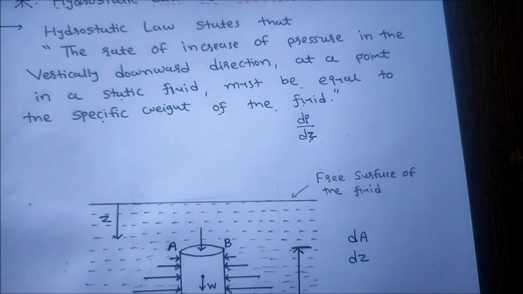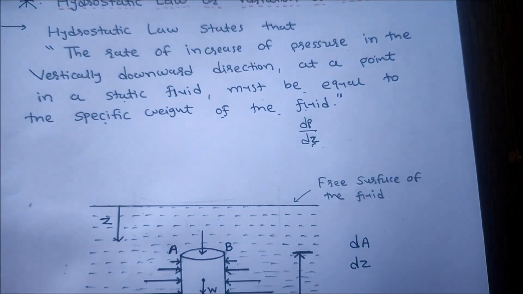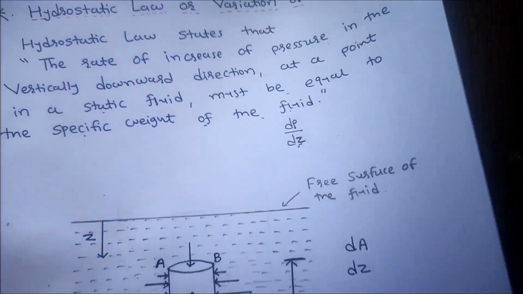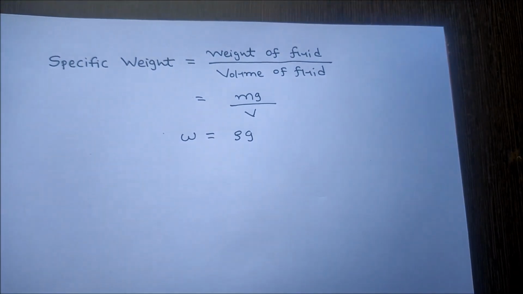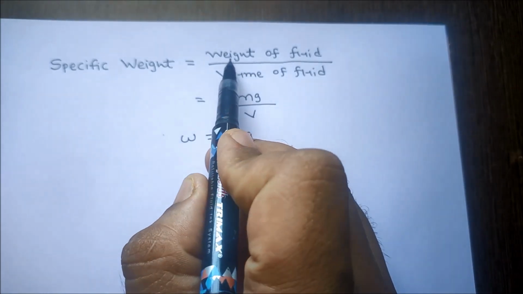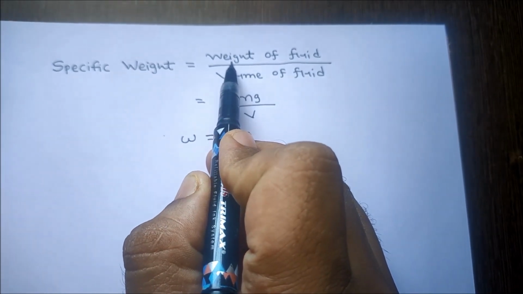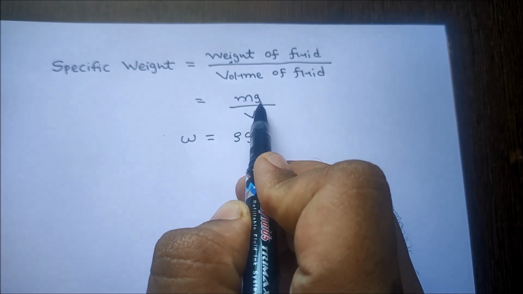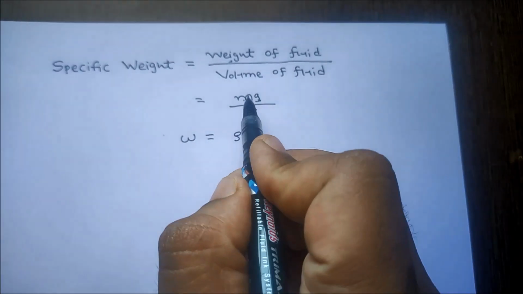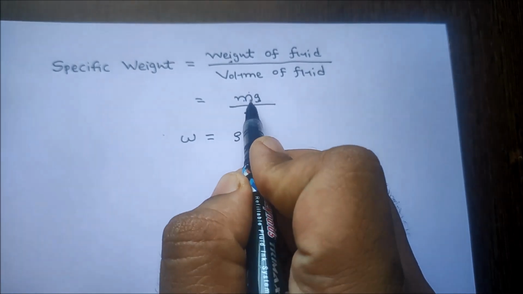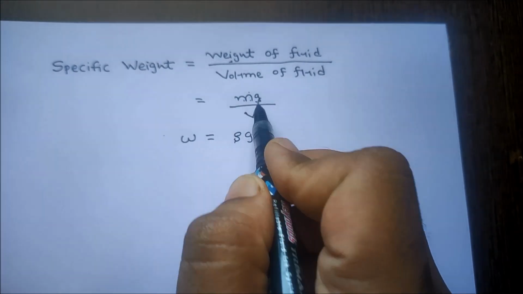Here, what is the meaning of specific weight of the fluid? The weight per unit volume of the fluid is called specific weight. And what is the meaning of weight? That is mass of fluid multiplied by acceleration due to gravity. So mg divided by volume of the fluid. We know that mass per unit volume is density, so rho into g.